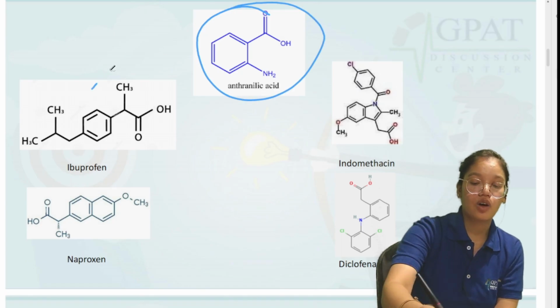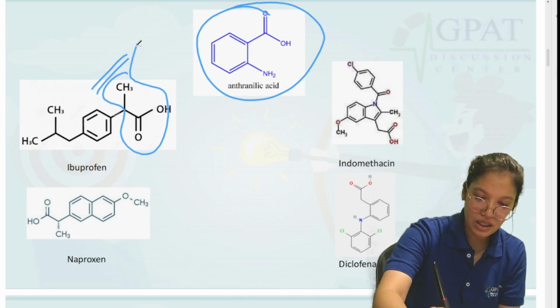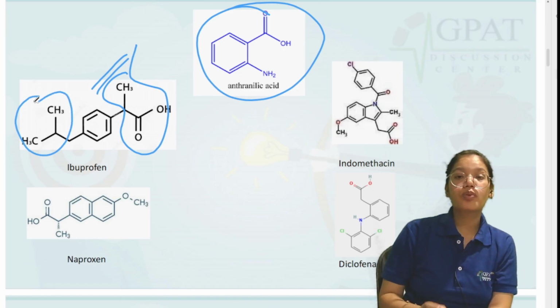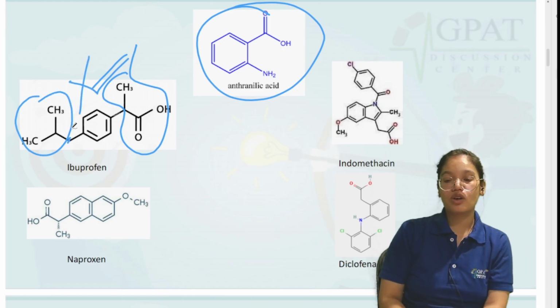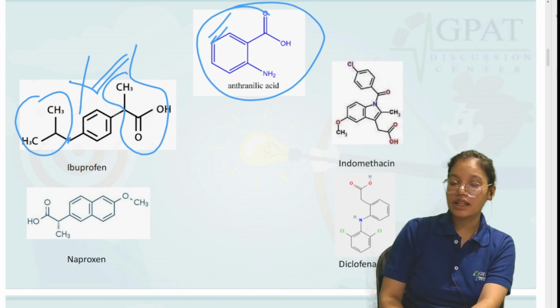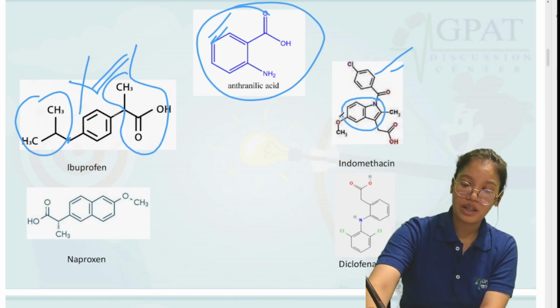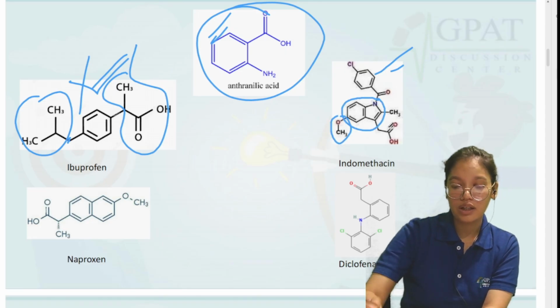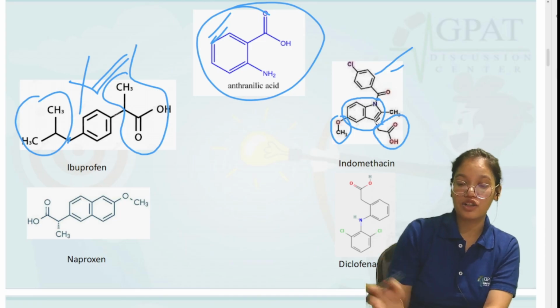Anthranilic acid. Now ibuprofen has a propanoic acid first, and here we have an isopropyl group with a methyl bridge. So no, ibuprofen is not a derivative of anthranilic acid. Then we have indomethacin. It contains an indole ring, a methoxy group attached, and then an acetic acid attached to that.